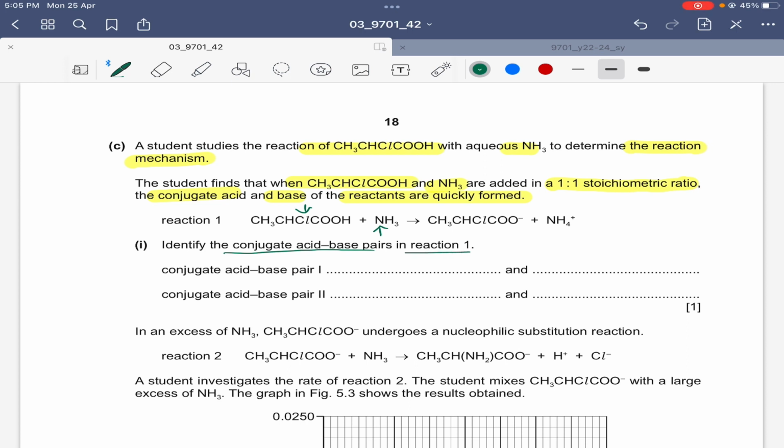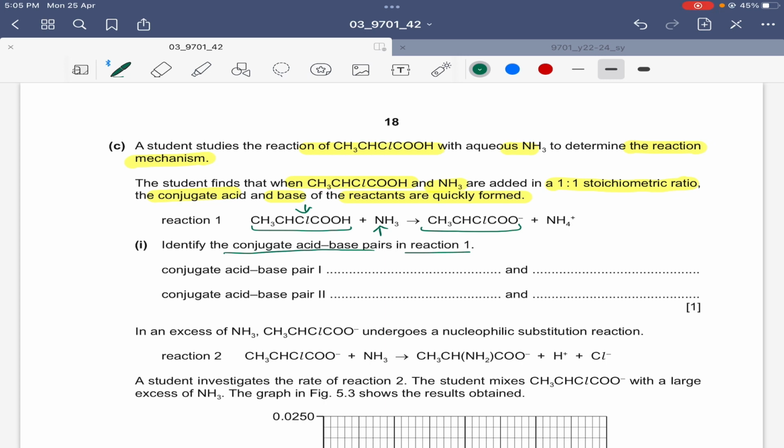All right, so let's suppose in this reaction, chloropropanoic acid releases a proton, and once it loses the proton, it becomes this propanoate ion, right? So once an acid loses a proton, chloropropanoic acid is an acid.